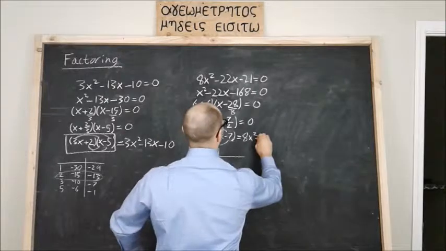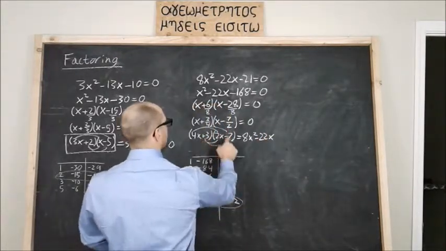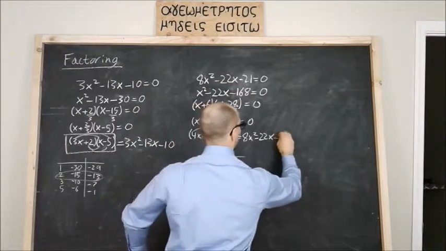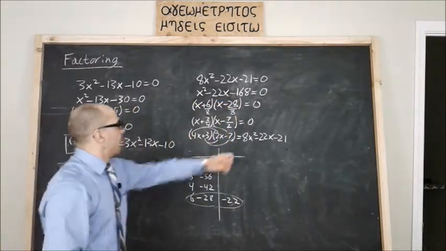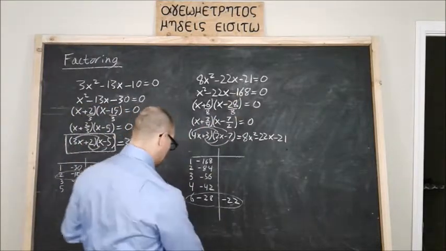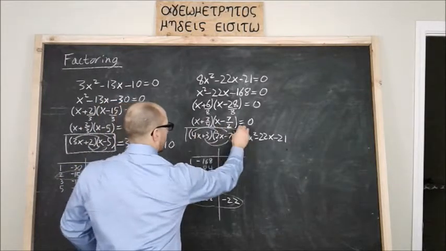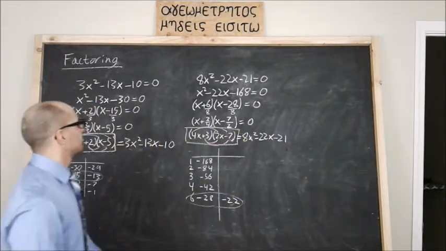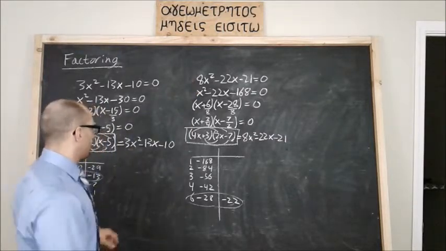So that's going to be minus 22x. And 3 times negative 7 is minus 21. This matches up with this. Looks like we're good to go. So this is my factorization of this trinomial we started with.